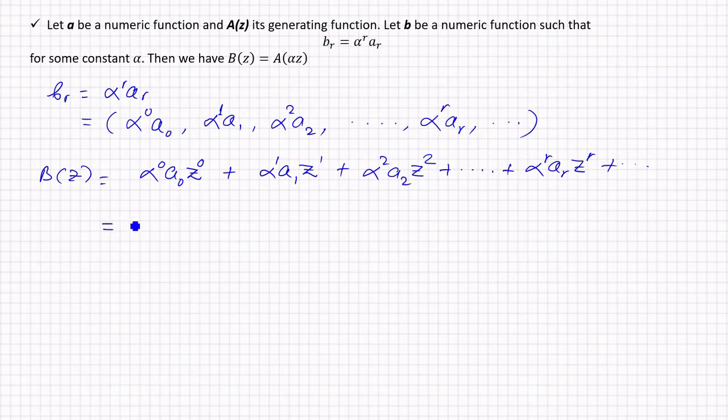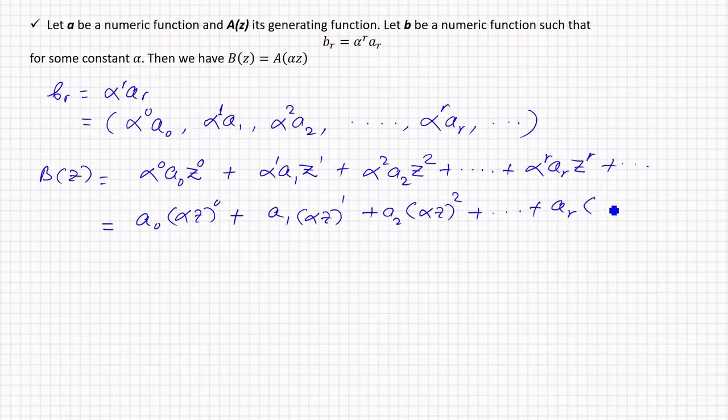So this can be written as a_0 (alpha z) to the power 0, a_1 (alpha z) to the power 1, plus a_2 into (alpha z) square, a_r into (alpha z) to the power r and so on.